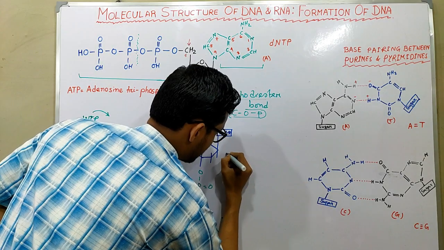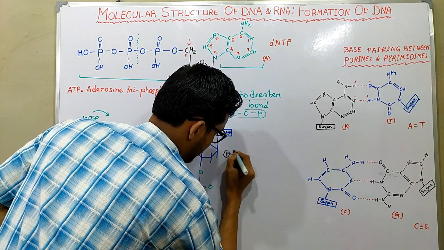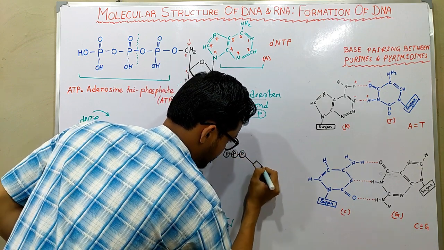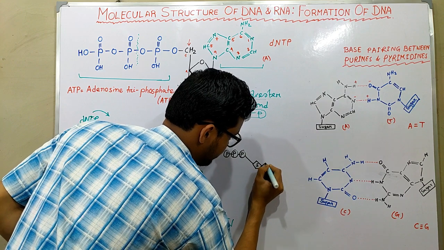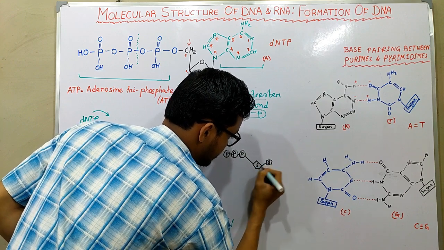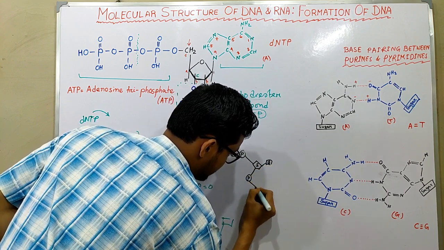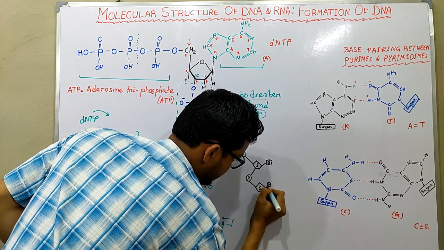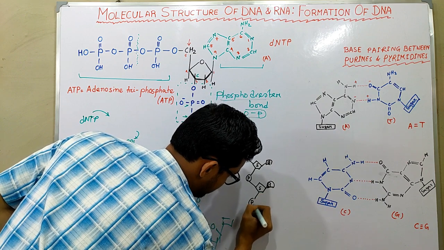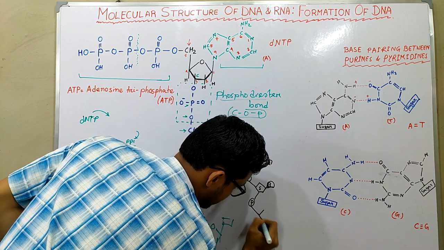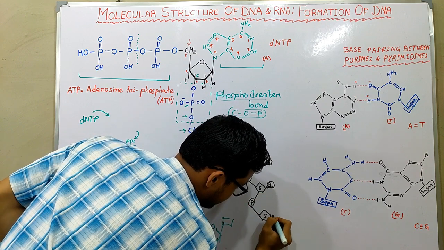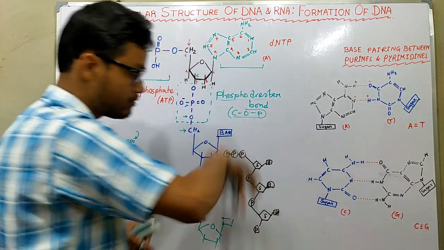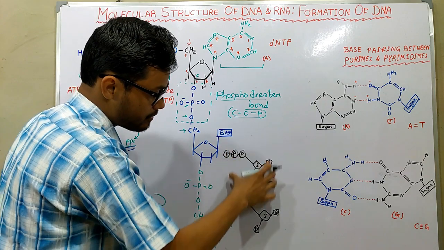So in this case, sugar, base, phosphate, sugar, base, phosphate, sugar, base, phosphate, and so on goes on. So this is the formation of one strand.